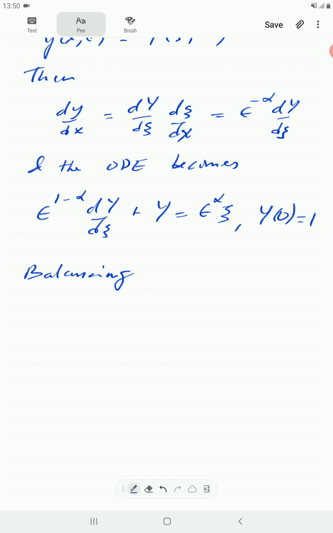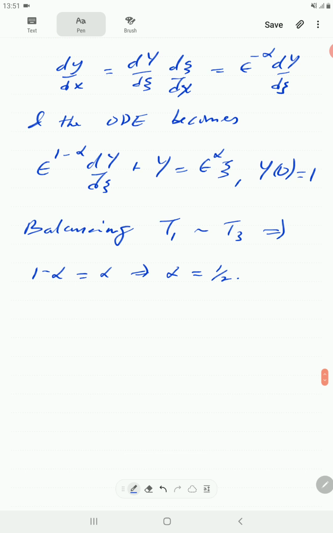So if we balance term 1 and term 3, this tells us that 1 minus alpha must be equal to alpha, those being the powers of epsilon in the respective terms. So this is going to give us alpha is equal to a half.